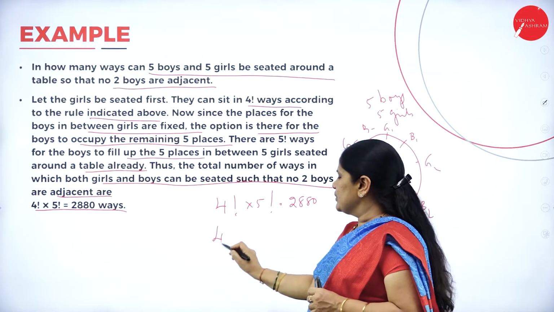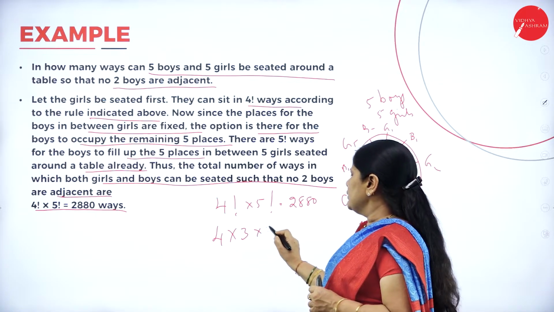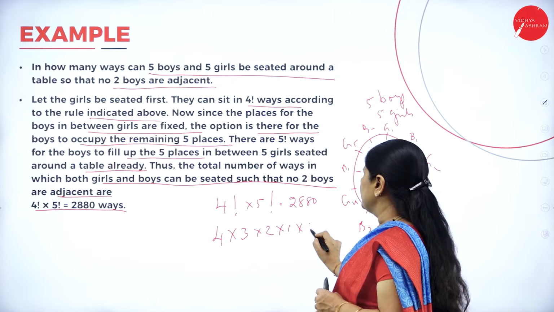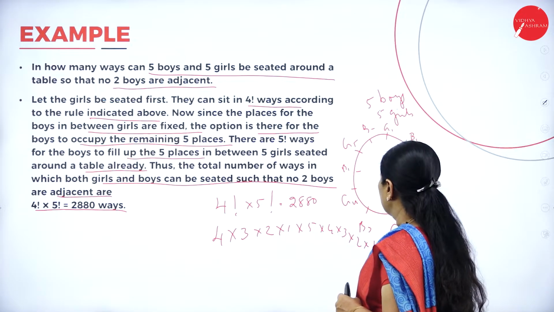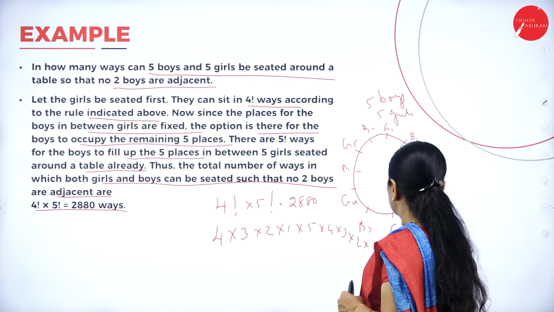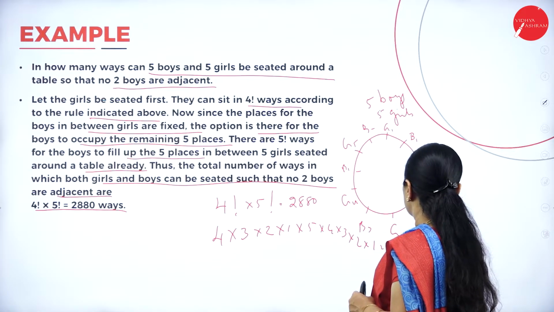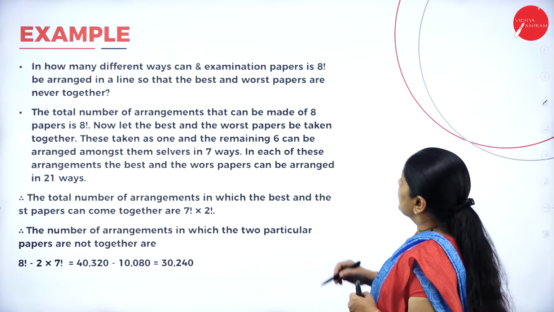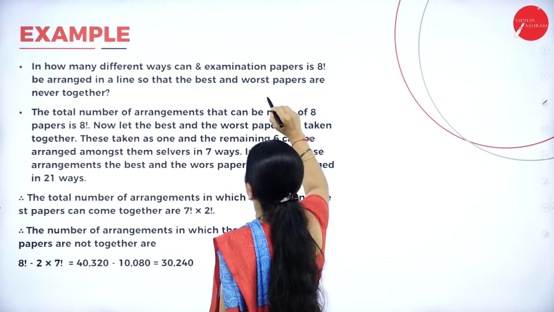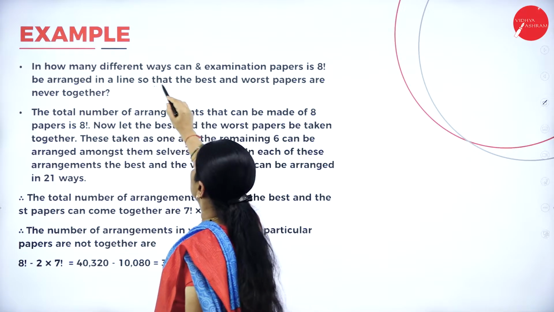Now, what is that? 4 into 3 into 2 into 1 into 5 into 4 into 3 into 2 into 1, that is 2880 ways.